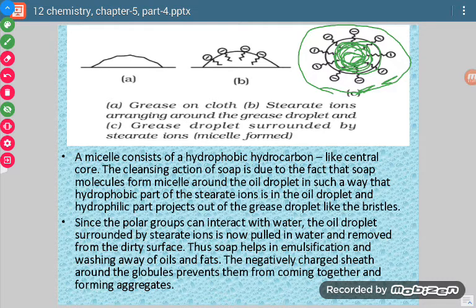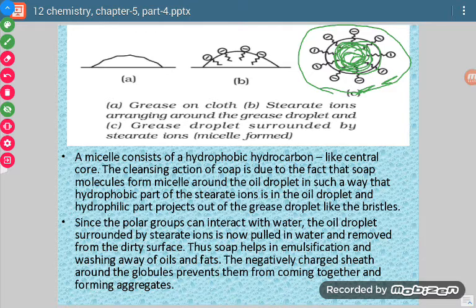So this repulsive force will increase when we agitate the cloth. Because while washing what we do, we apply the soap solution, we apply soap, and then we rub it properly. Okay, so that rubbing or beating with some stick or like that, so that causes this repulsive force to increase.